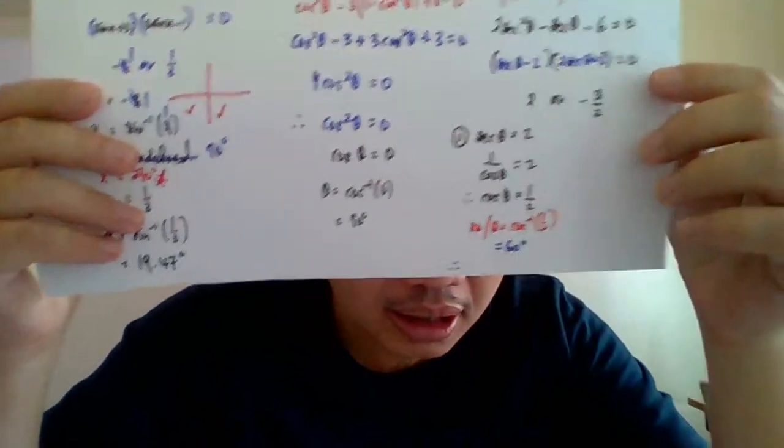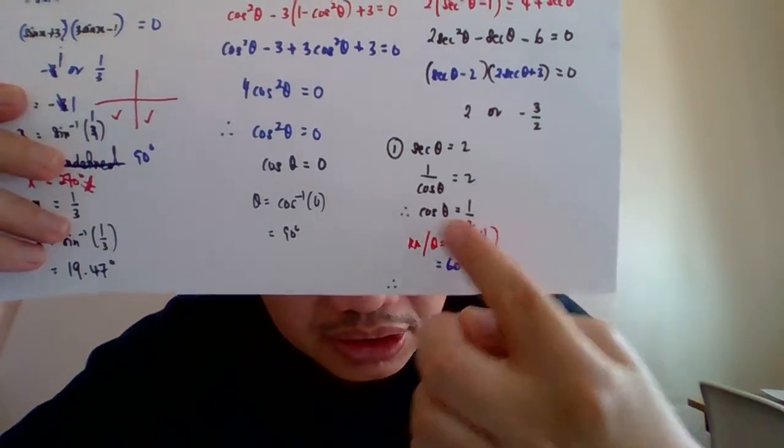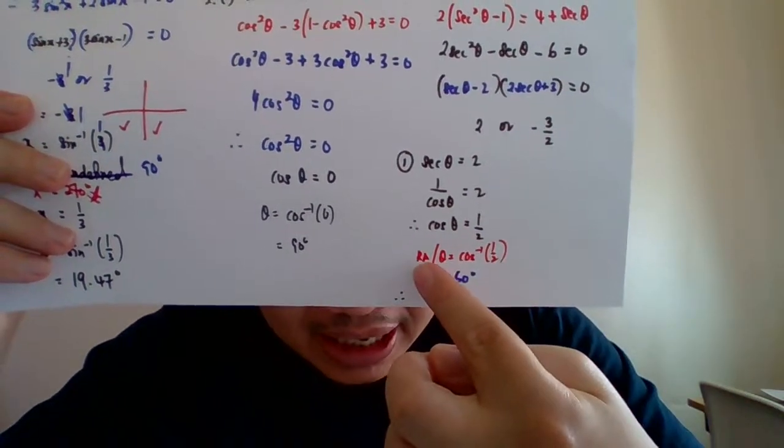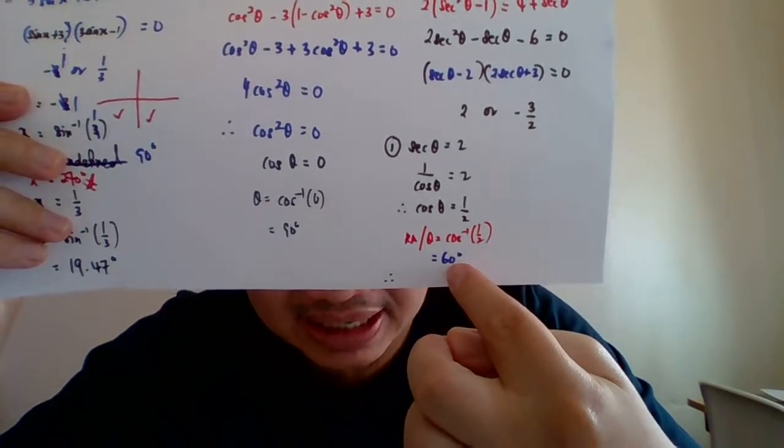Okay, maka jawapannya ialah, okay guys, here. Number one, cos theta equals to 1 over 2. So theta equals to, you find the RA, reference angle, ataupun theta, cos inverse 1 over 2, then you are supposed to get 60 degree.